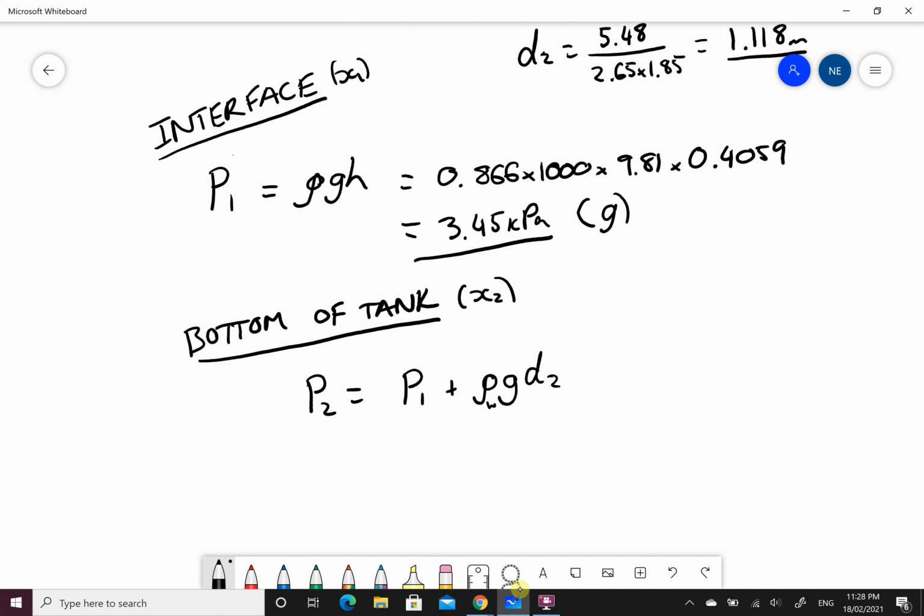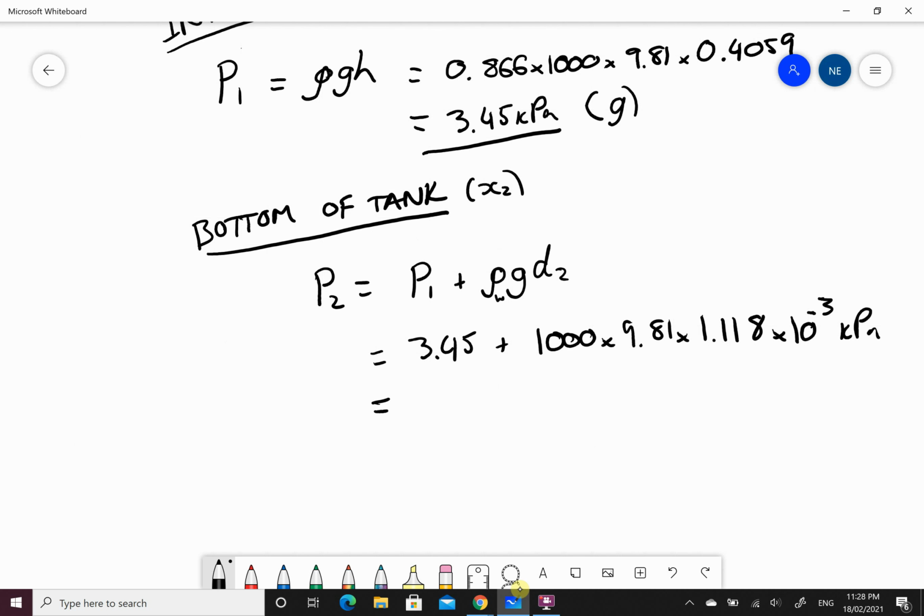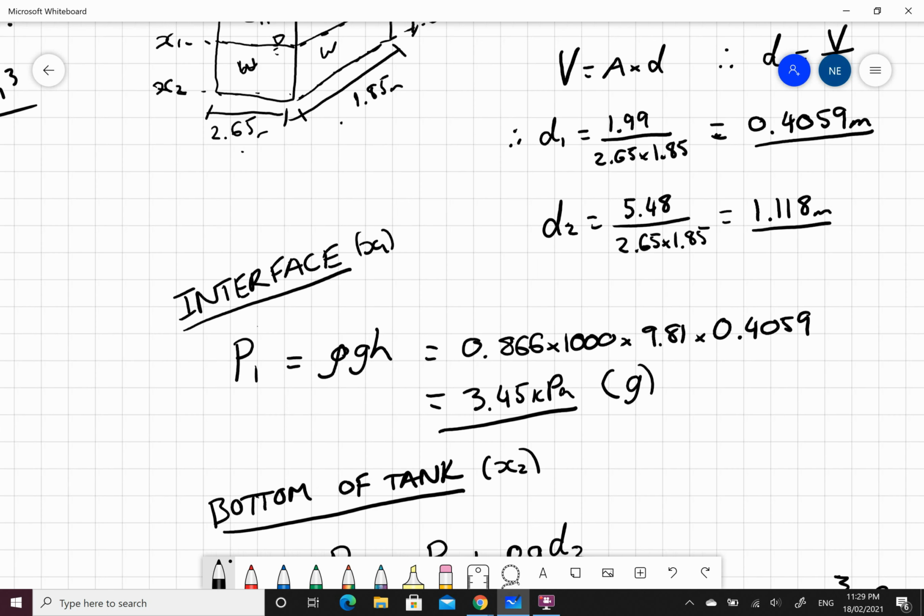So that's 3.45 kPa, which we found before, plus the density of water, 1000 times 9.81 times 1.118, times 10 to the negative 3 to get that into kPa as well. What we end up with here is 14.4 kPa in gauge pressure. Alright, so that is our pressure at the bottom of the tank.